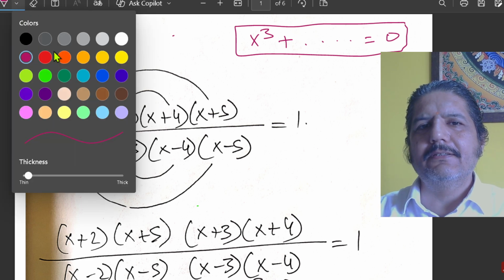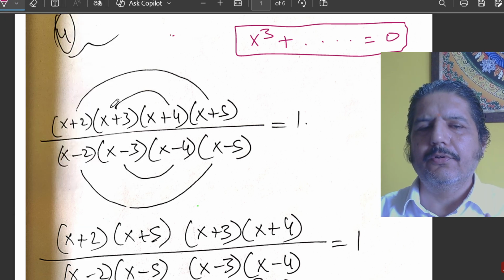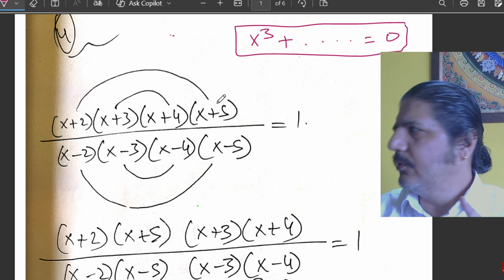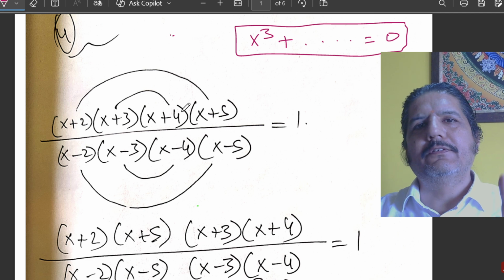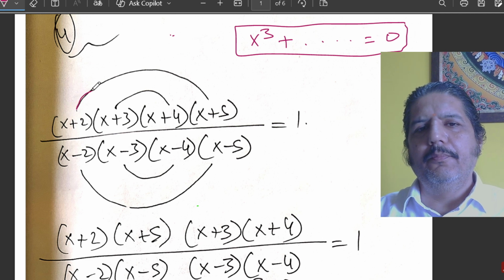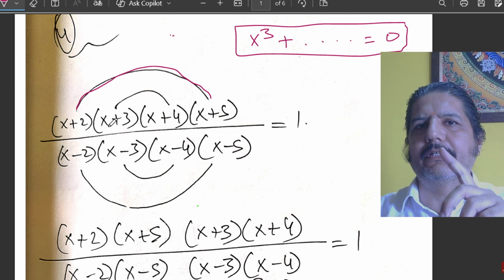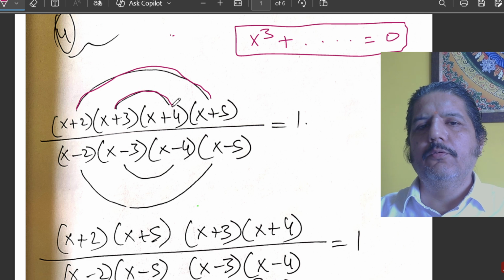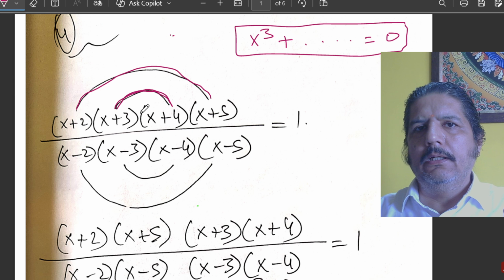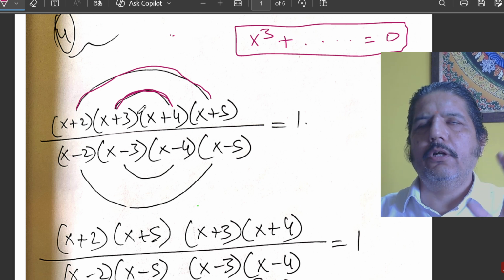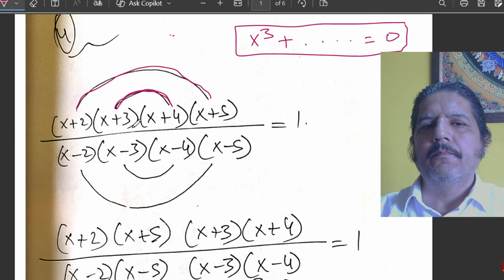Now the shortcut in this case is, if you look again carefully at this question, if you make these factors x plus 2, x plus 5, x plus 3 and x plus 4. Now when you make factors like these, you will have some terms in terms of x square plus 7x. Similarly, if you multiply these two, you'll have some quadratic equation which will look like x square plus 7x.